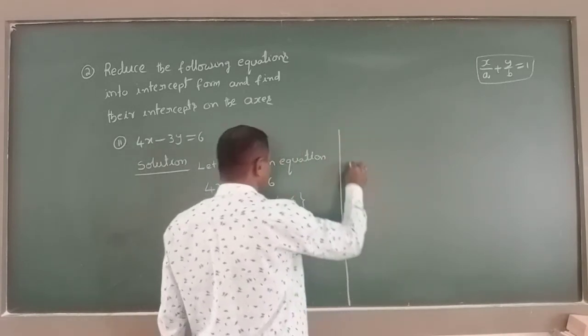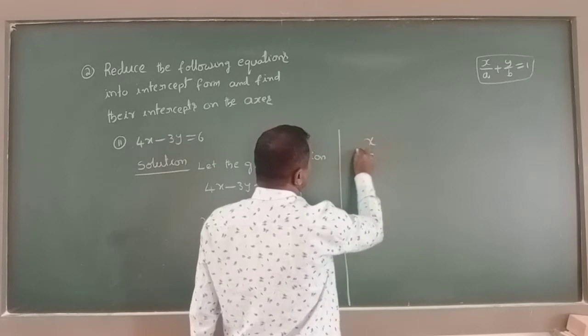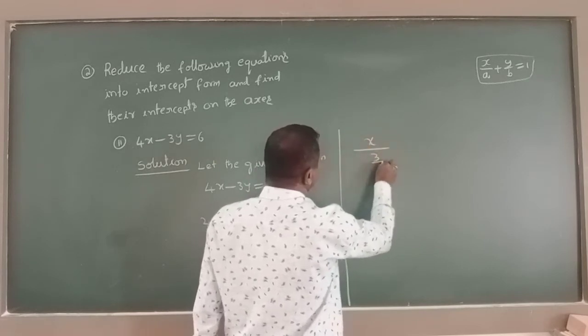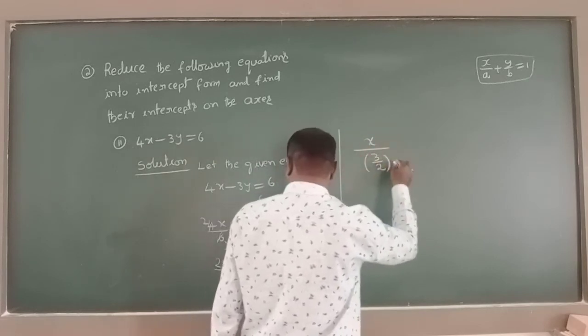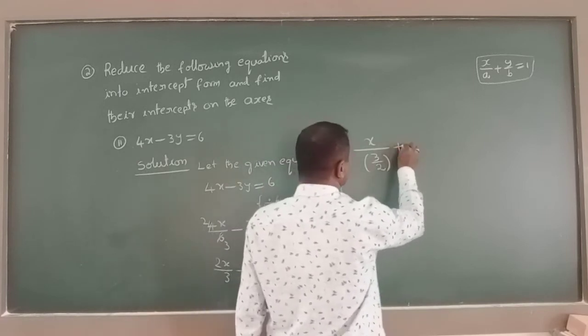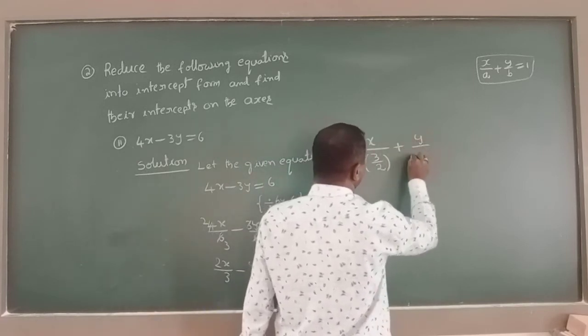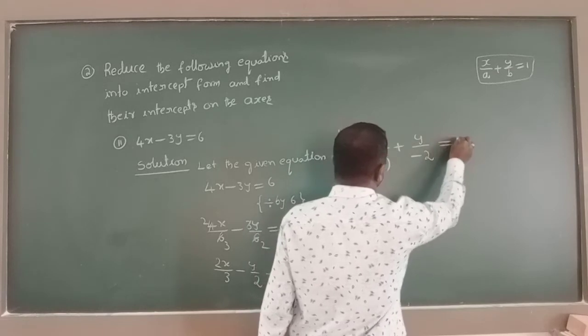That is, 2x by 3 can be written as x whole divided by 3 by 2, plus y whole divided by minus 2 is equal to 1.